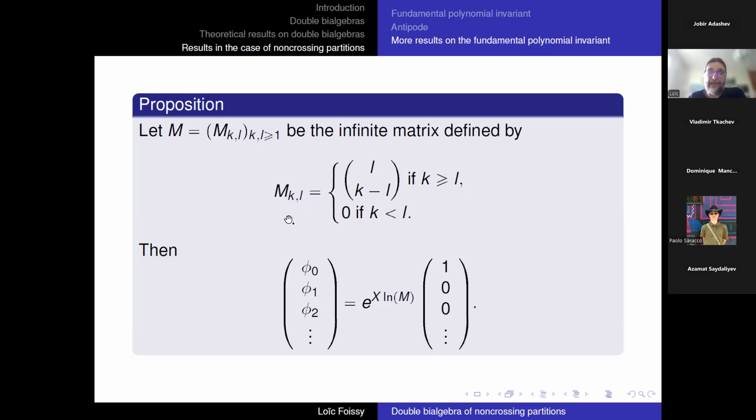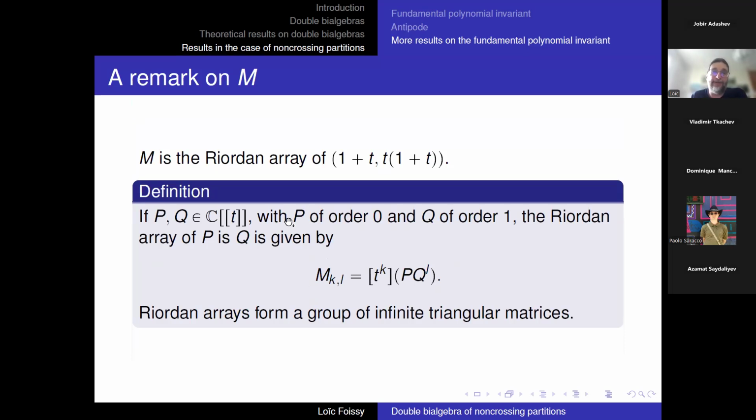This matrix M is quite particular. In fact, it is a Riordan array of these 2 formal series. I recall what a Riordan array is. In fact, I didn't know before I worked on this, I have to say. This is a group of infinite triangular matrices.